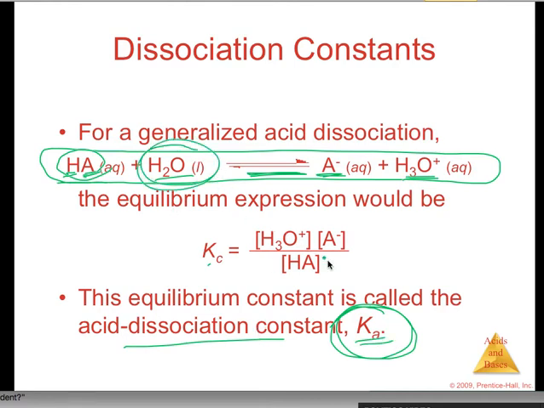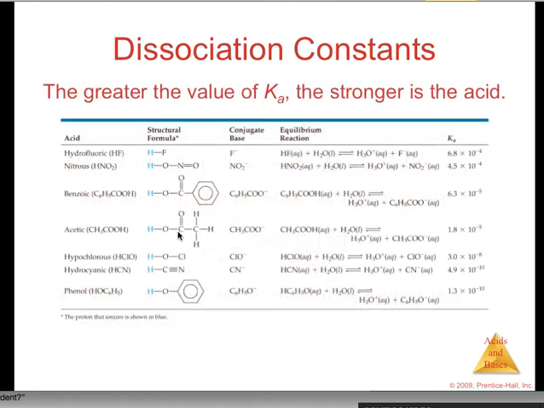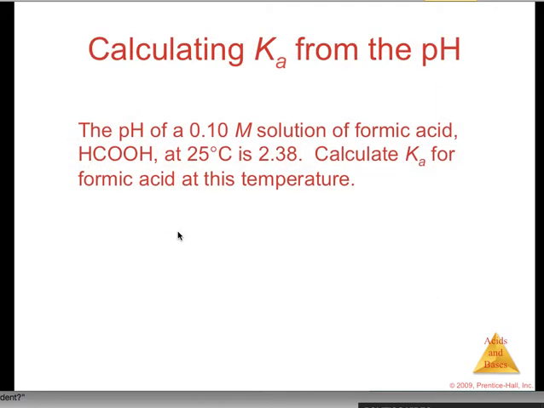Water is not included in this expression because it is a liquid. This gives you an idea for what some of the Kas are for different acids and the equations for those. You can look at that table and refer back to it for Kas.